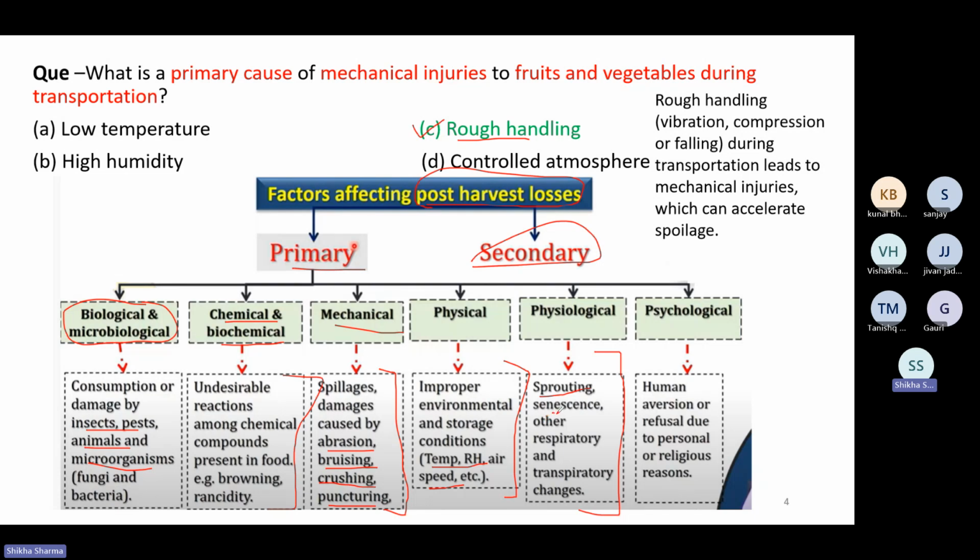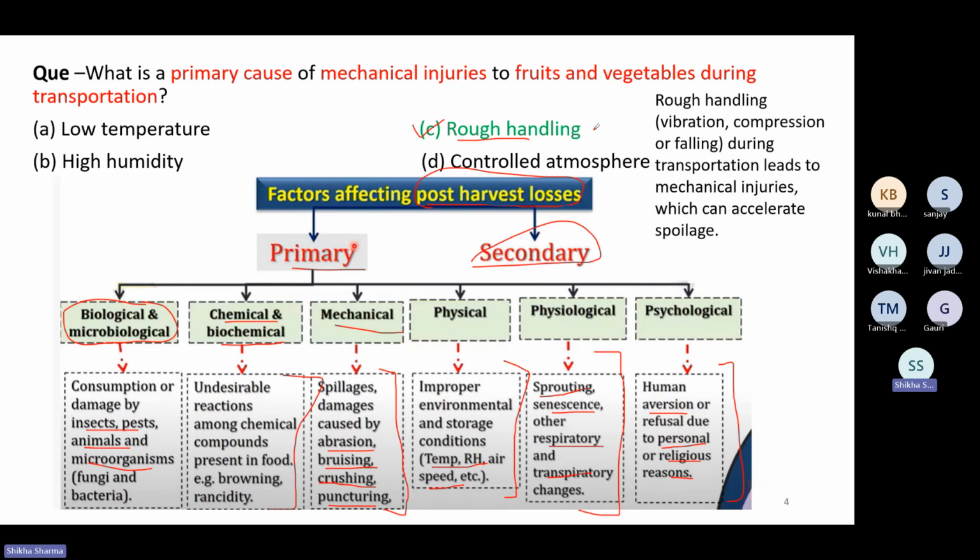Fruit can undergo senescence, or respiratory and transpiratory changes can also occur. The last primary factor is psychological, like human aversion or refusal due to personal or religious concerns.